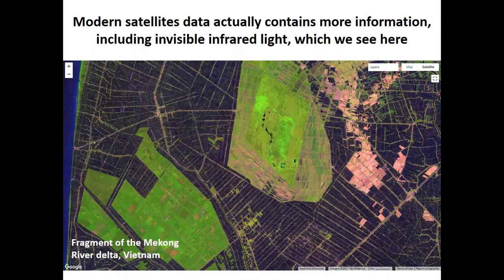And all the dry croplands, dry fields, you could see, for example, in the central part of the image, in the upper part. You could see other types of crops, maybe other species of rice, but most probably it's wheat or something else. In the very center, there is also a fragment of natural vegetation, of bushes and trees, and some wetlands, some grasslands. I believe it is a nature reserve.